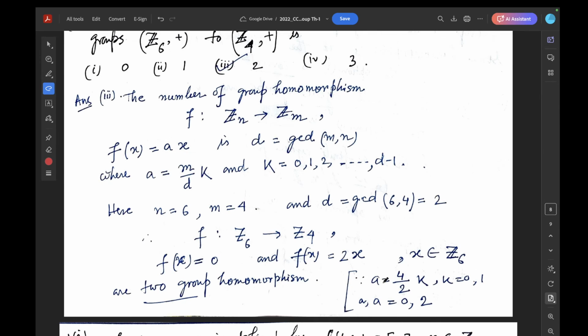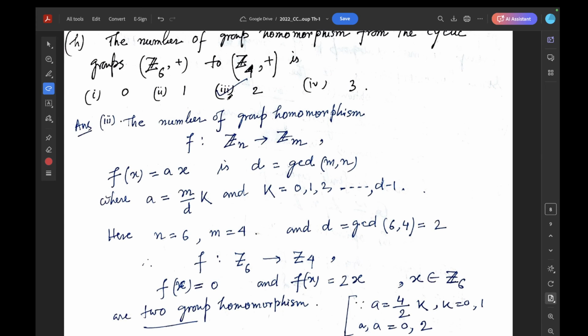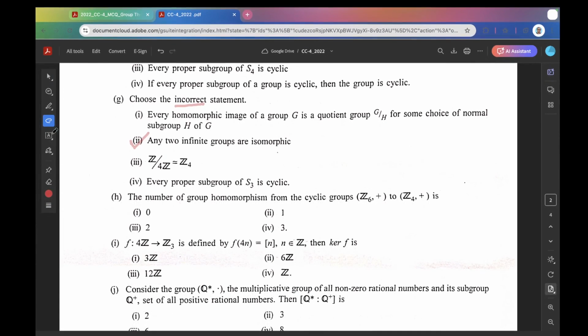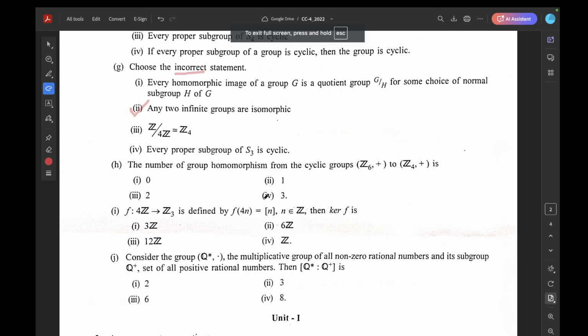When k equals 1, a equals 2. So f(x) equals a x: f(x) equals 0 for all x belonging to Z6, and f(x) equals 2x for all x belonging to Z6. So we get two group homomorphisms in this case. So the correct answer is option 3, two group homomorphisms.